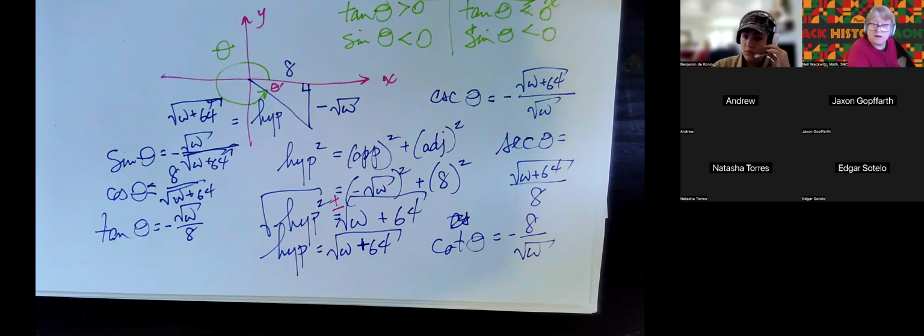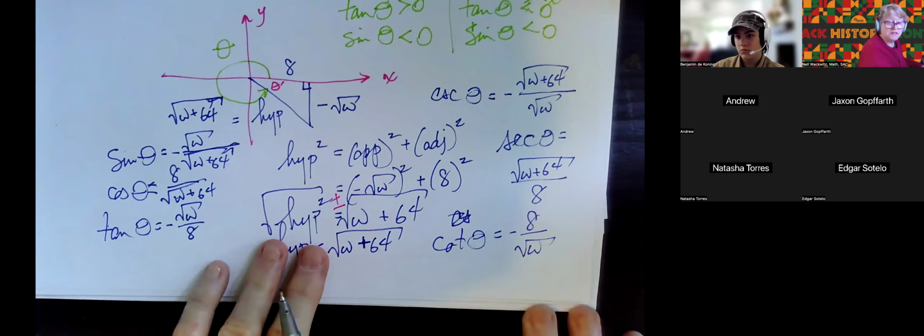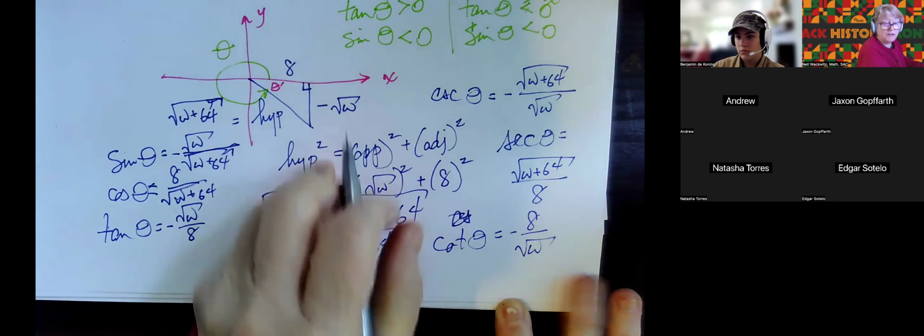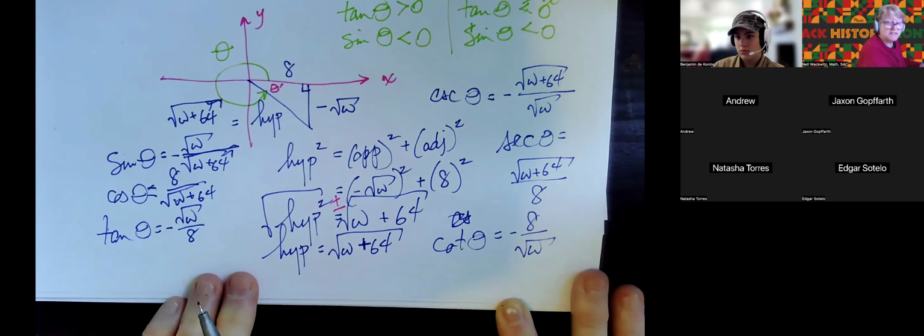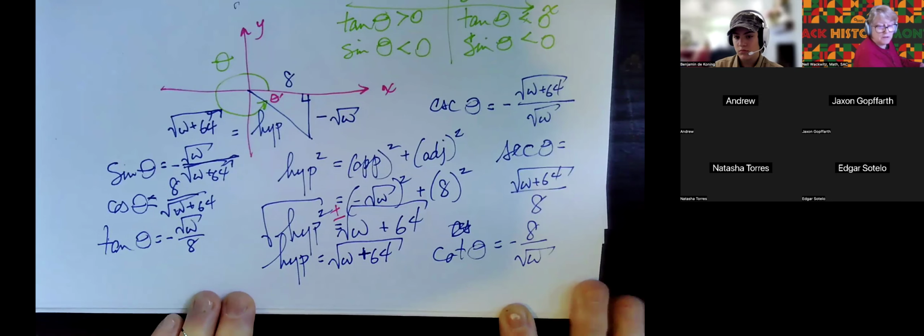Do you see that we're doing the same thing over and over again? Right triangle definitions, you really need to know them. We're using the Pythagorean theorem over and over again, and we're using knowledge of the signs in the four quadrants.